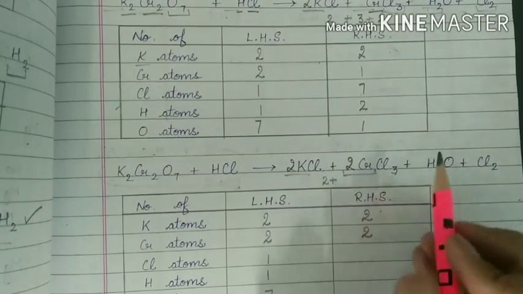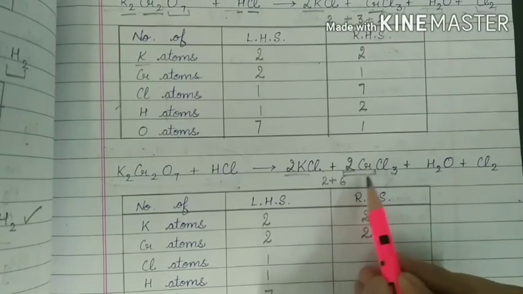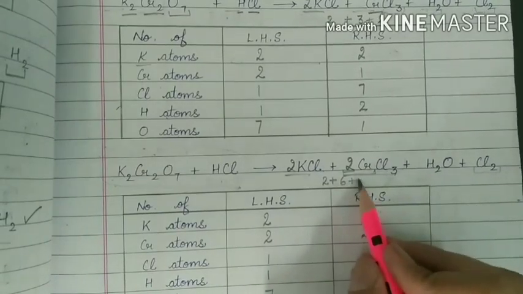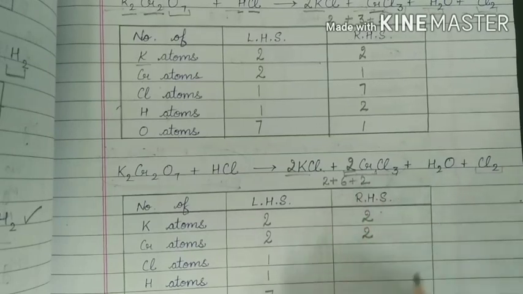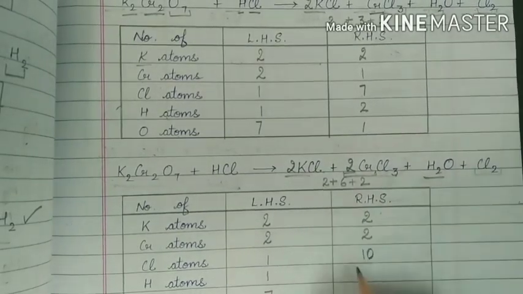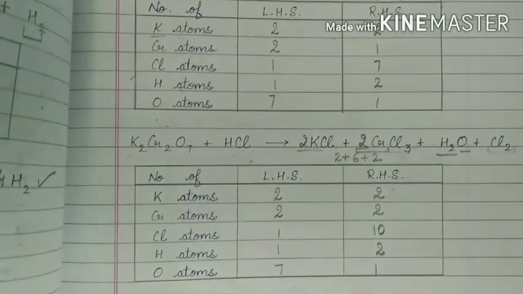In CrCl3 now 2 3s are 6, means 6 chlorine atoms are there. Then here 2 chlorine atoms are there. Total chlorine atoms are 2 plus 6 plus 2, 10. Then afterwards 2 hydrogen atoms and 1 oxygen atom is there.